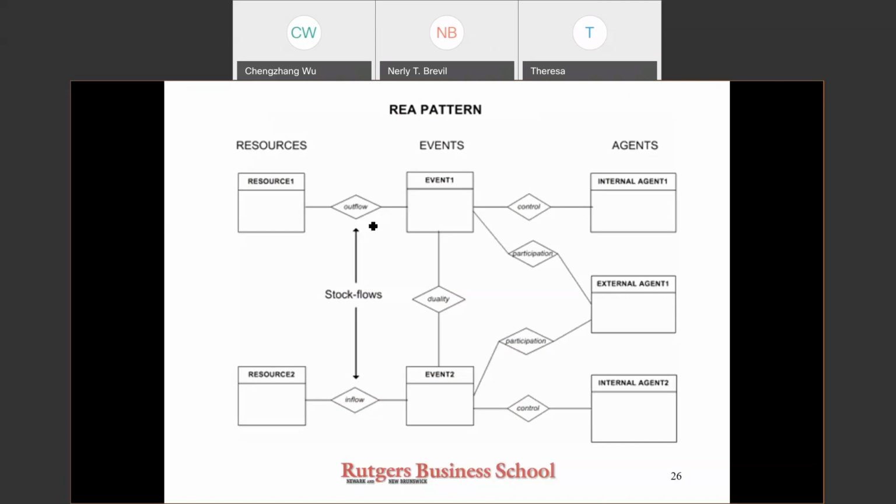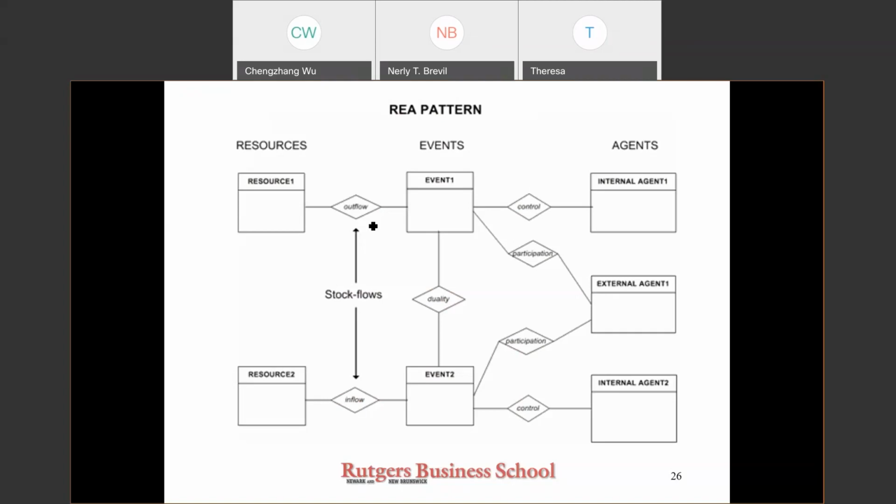Relationships between economic events and economic resources are called stock-flow relationships because they either increase or decrease the resources. In the economic exchange context, every resource-increasing economic event will eventually have a corresponding resource-decreasing or increasing economic event.